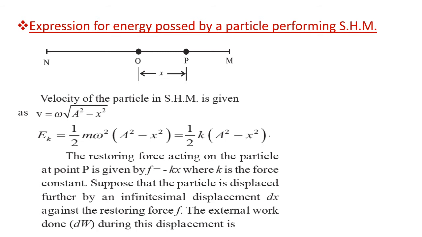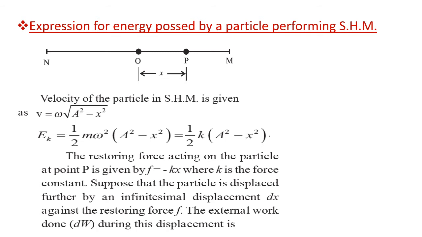Now, the restoring force is absent except at mean position. The particle will be occupying various positions. When the particle is performing the motion, it's an indication that throughout the motion work is done and the system has potential energy.